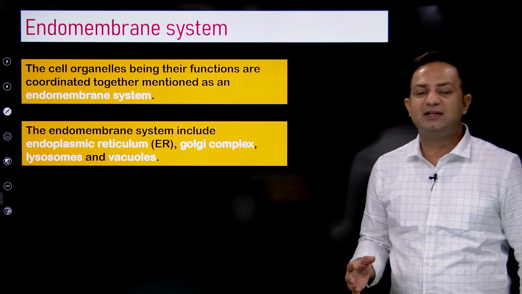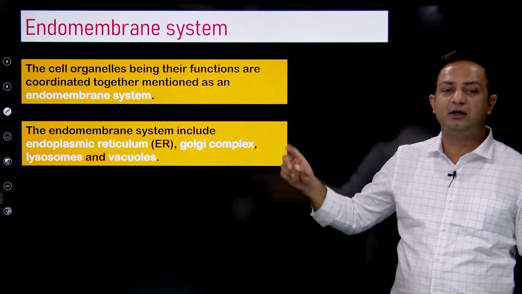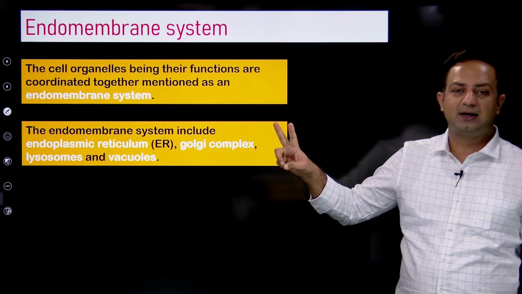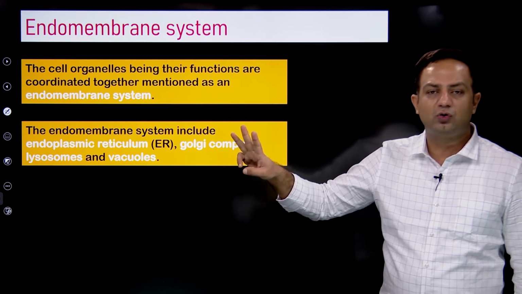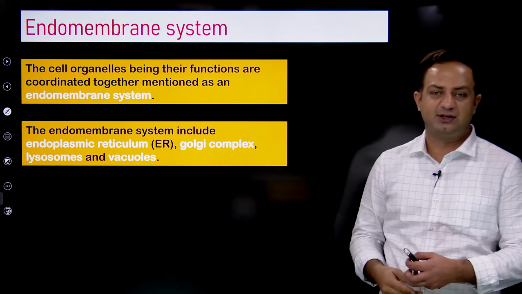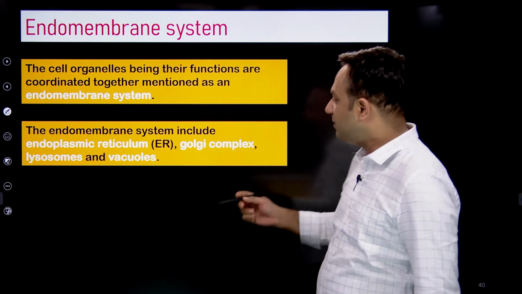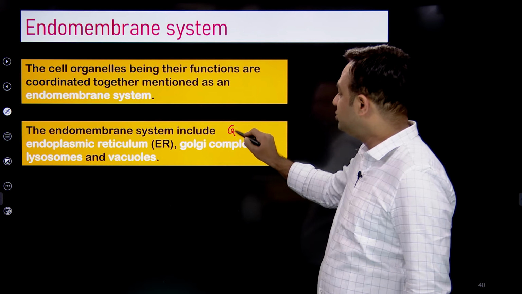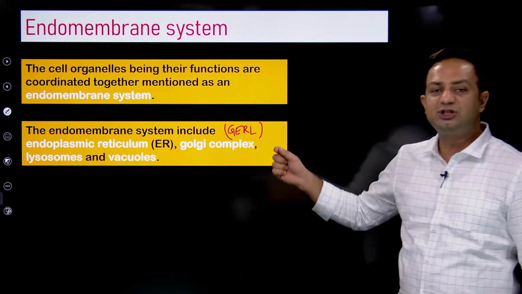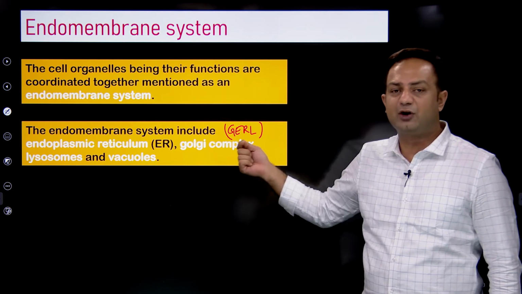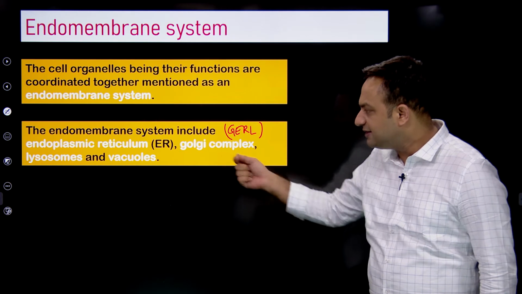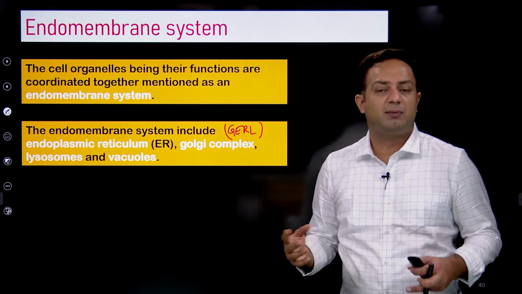And this endomembrane system is comprising the organelles, namely endoplasmic reticulum, Golgi apparatus, lysosome and vacuoles. Okay, these are the four components. Many times, people say GERL as an abbreviation. What is GERL? G for Golgi apparatus, E for endoplasmic reticulum, L for lysosomes. Okay, so these are the things which are constituting the endomembrane system.